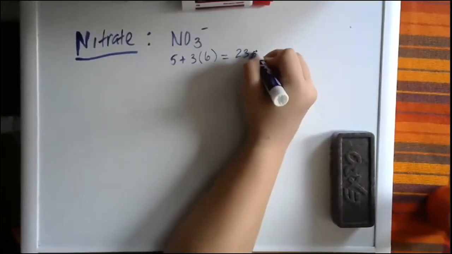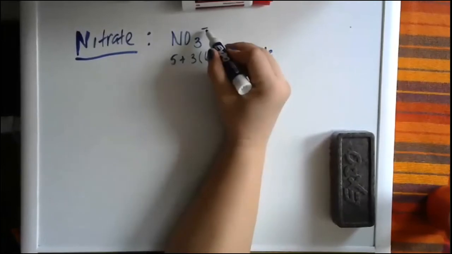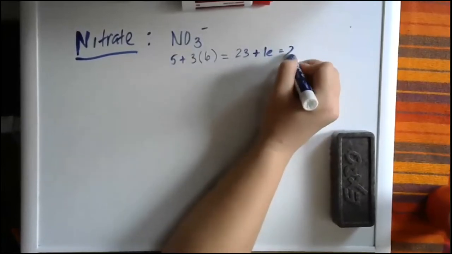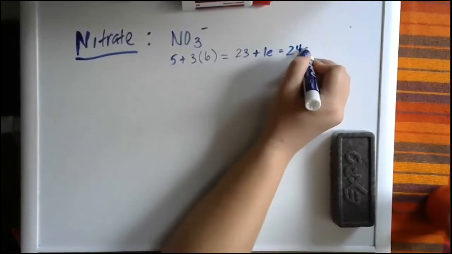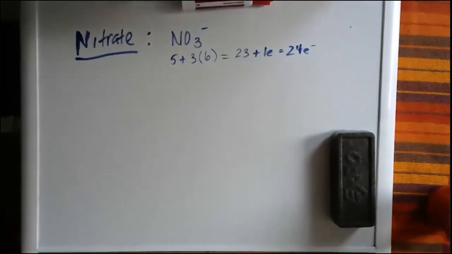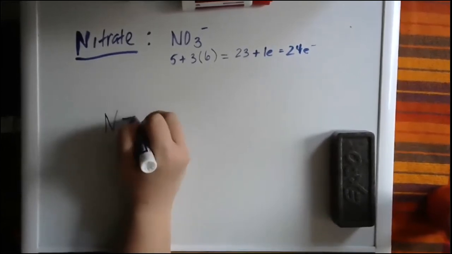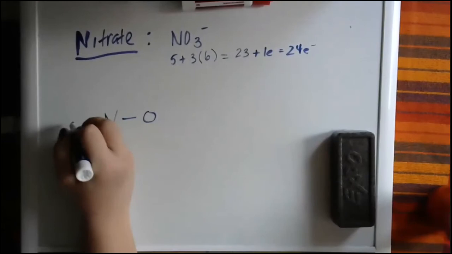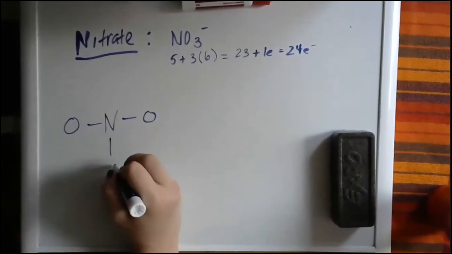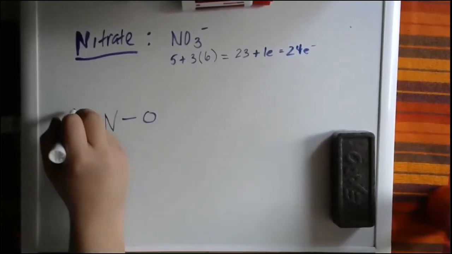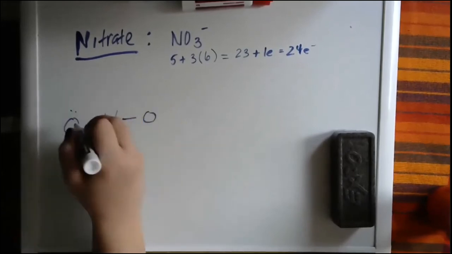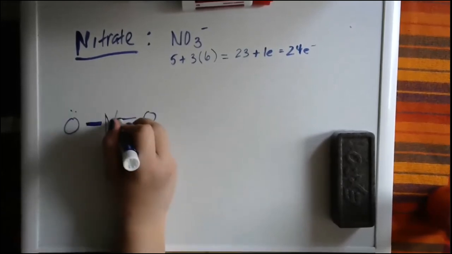Then we have to add our additional electron from the charge, -1 charge. That means that we have 24 electrons total for our structure. Okay, so now I'm going to write out my initial structure. And I'm going to distribute. Let's make everything a little bit more clear.